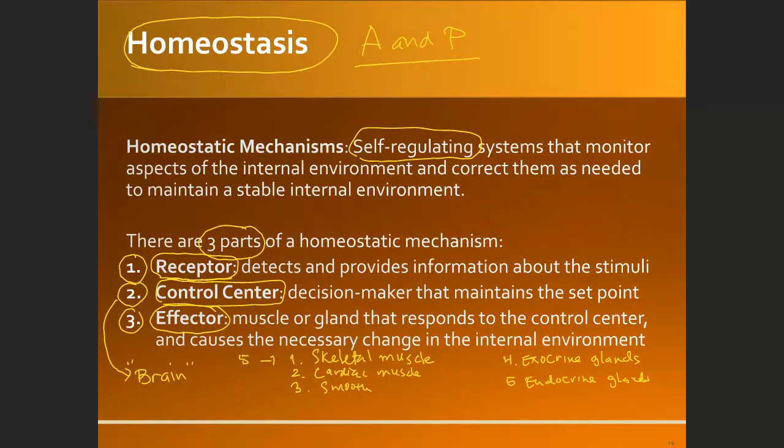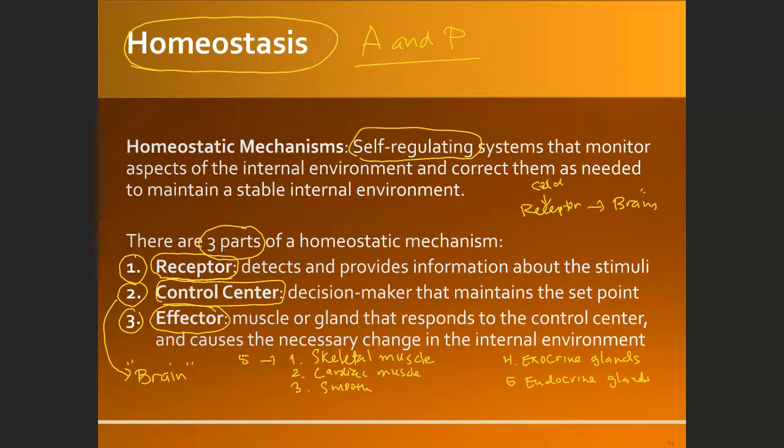For example, if it is wintertime, then our skin, our body, the receptor will receive information about very low temperature outside, very cold. So the stimulus is cold weather, and the receptor will give the information to the brain, which is the control center.